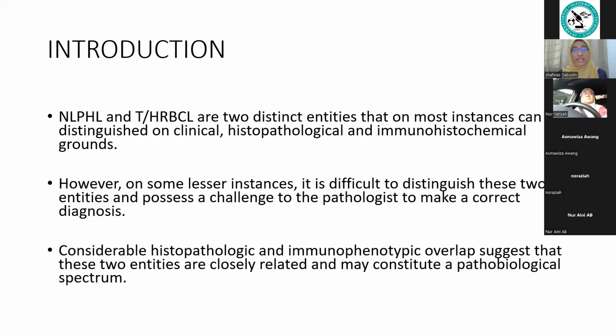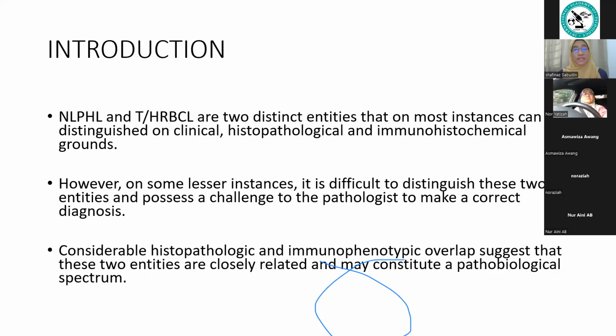They are actually two distinct entities. Most of the time, we can distinguish them based on our clinical input, the histopathological and immunohistochemical grounds. However, on some lesser instances, when we are facing the variant pattern, which we will talk about in a moment, it will be very difficult to distinguish between these two entities.